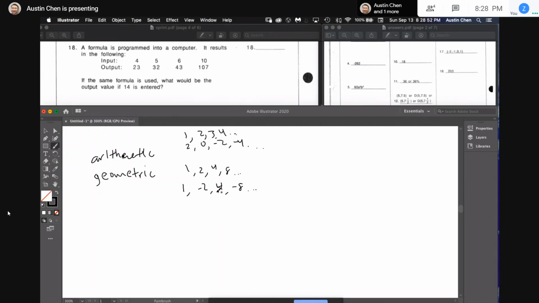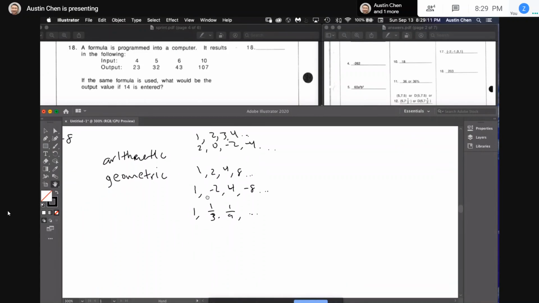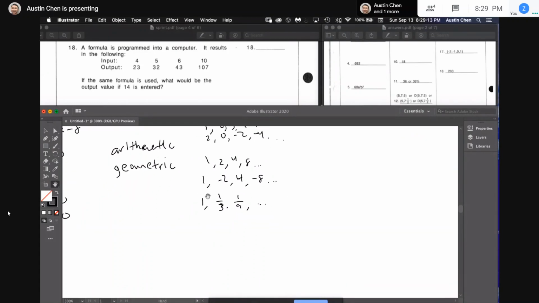But it also doesn't have to be increasing. You can also multiply by a fraction every term. So you could have 1, 1/3, 1/9, and so on. So you're multiplying by 1/3 every term, and it's decreasing. So yeah, you want to check for these types of sequences because they are common.